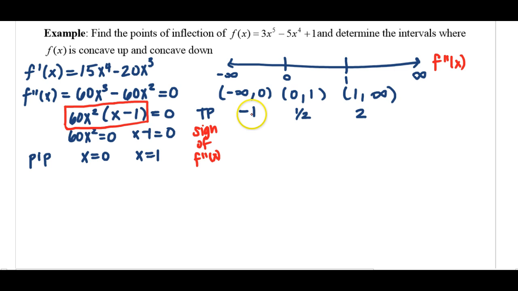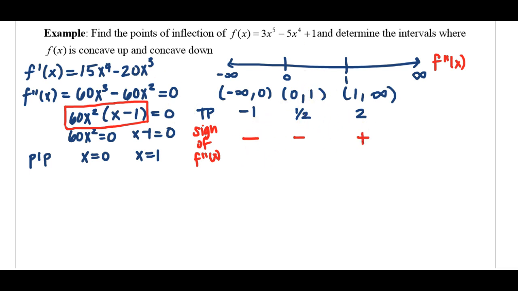So if I plug in -1 into this x, well, that will always be positive because it's being squared. But -1 minus 1 is -2, so multiplied together, I'm going to get a negative. If I substitute in a half, 1/2 squared is always positive. 1/2 minus 1 is going to give me another negative. And if I substitute in 2, the quantity on the left is always positive, 2 minus 1 is positive, so I have positive.